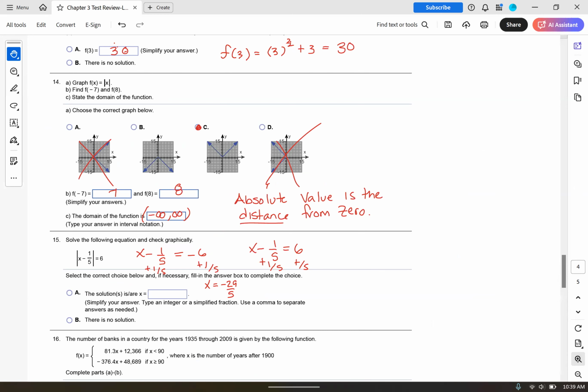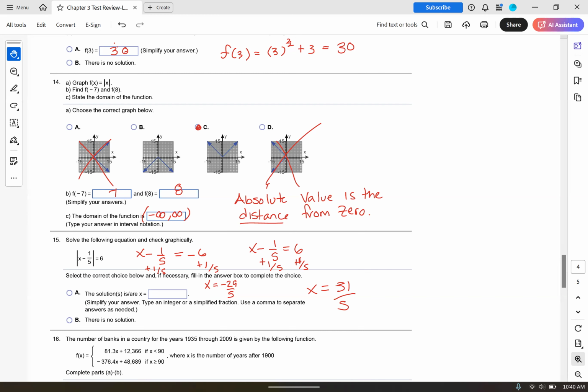Is that 31/5? So I've got negative 30 over 5 plus 1. Negative 30 plus 1 is negative 29/5. I have 30 over 5 plus 1 over 5. Is that 31 over 5? You could certainly use your calculator to find those two values. Doesn't bother me a bit.